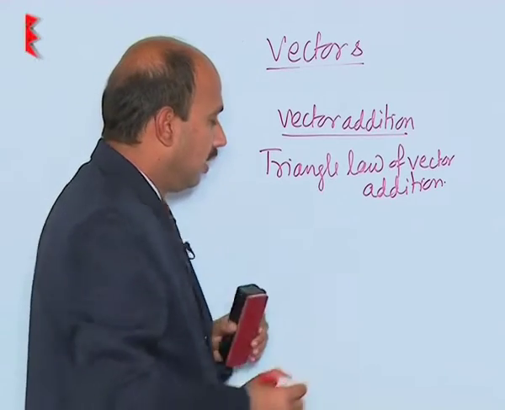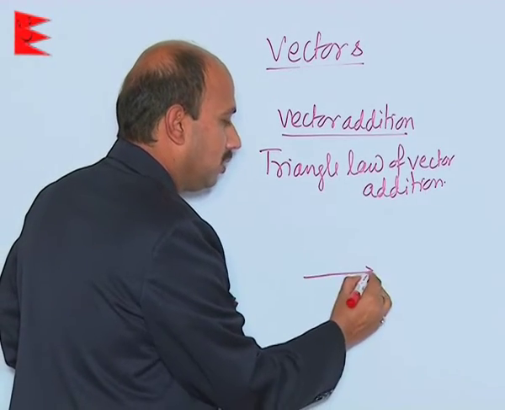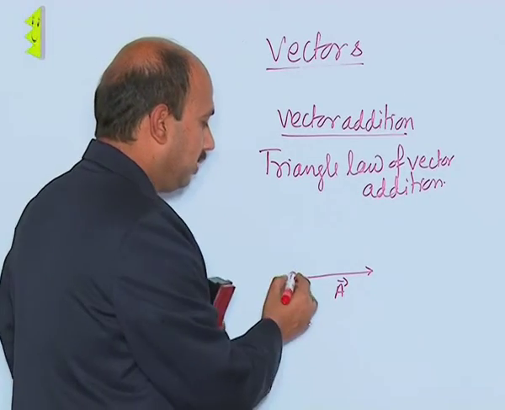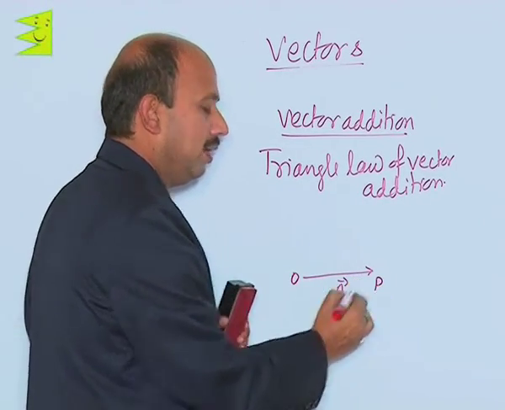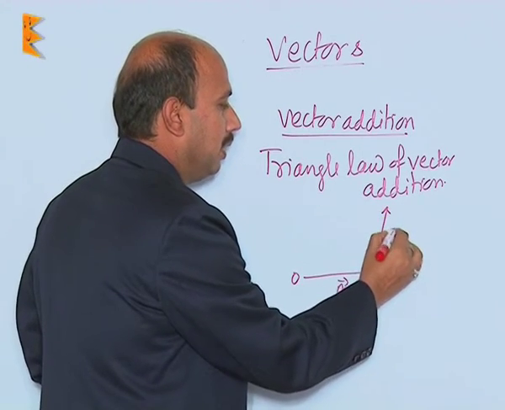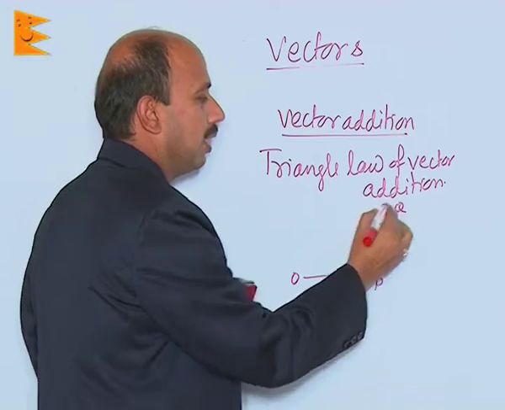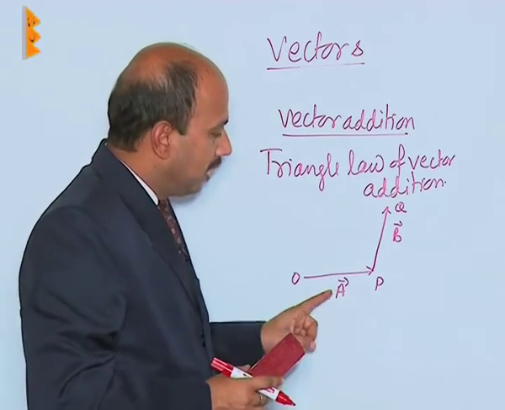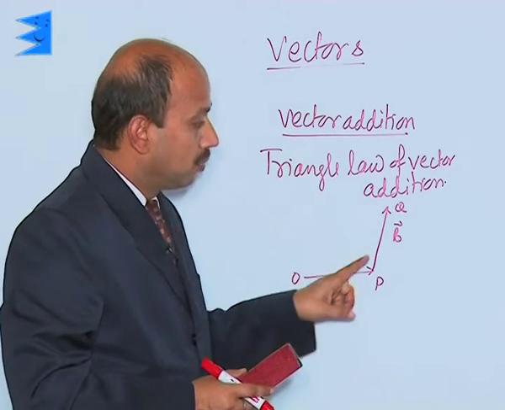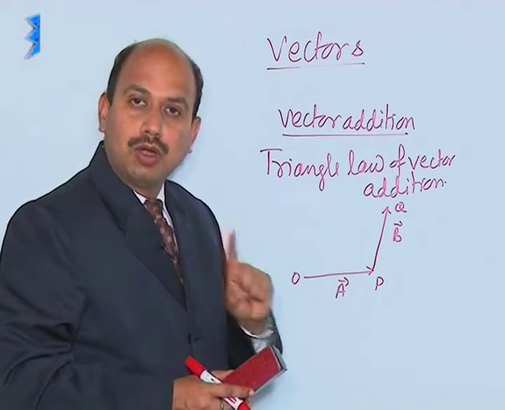Now, in this case, if you have two vectors, like vector A here, represented by O and P, and another vector B, represented by P and Q. These two vectors A and B represent two sides of a triangle taken in the same order.